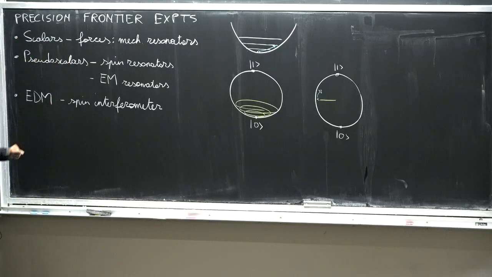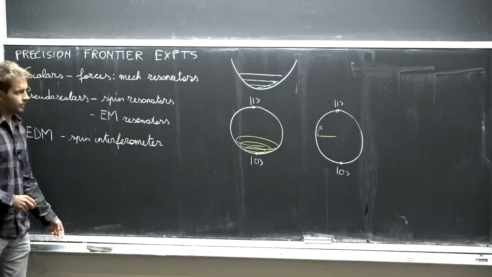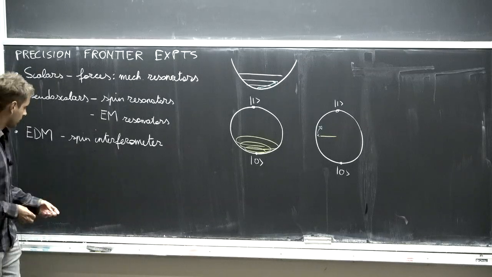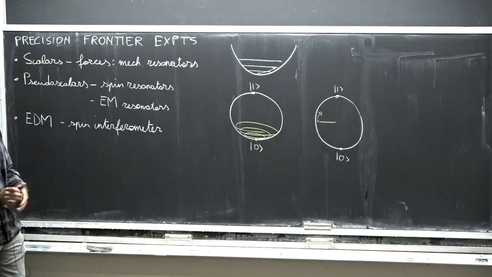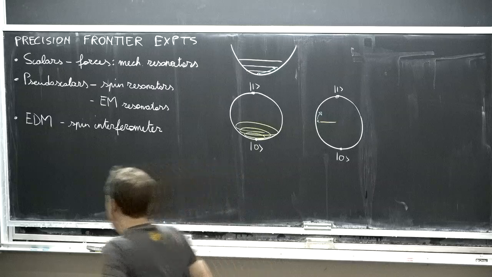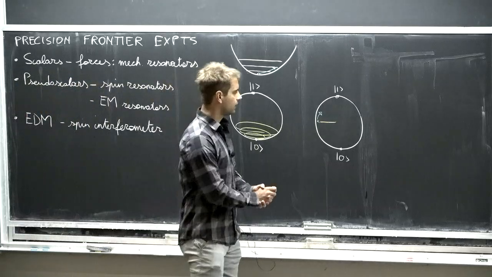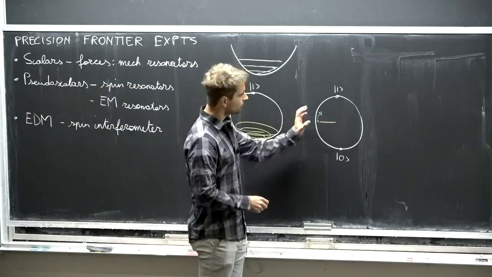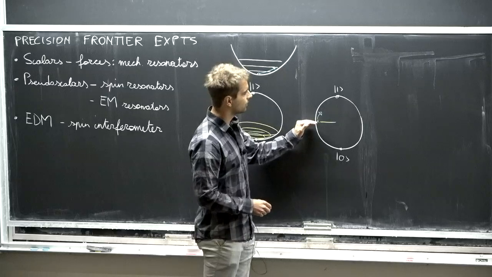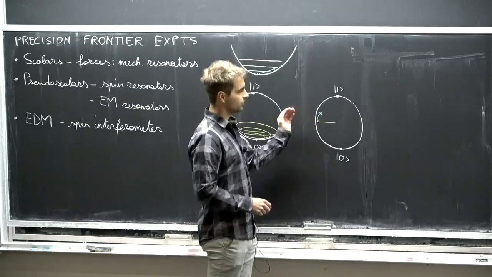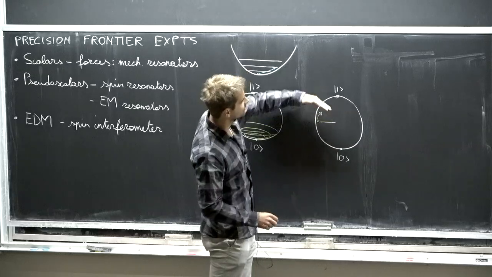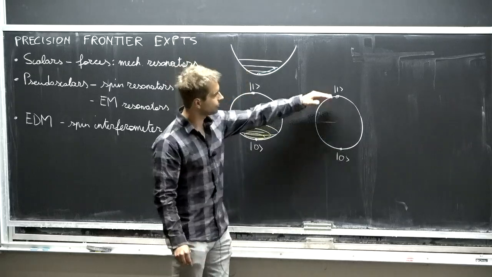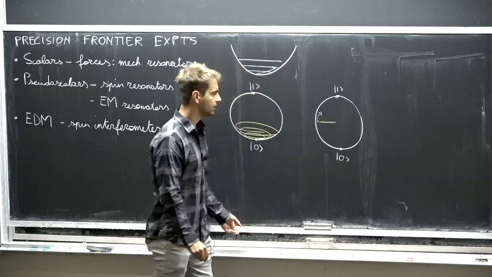But before I go through those particular experiments, I want to give you just a very brief review of what the fundamental noise sources are in these experiments. So we saw last time that if, for example, in this interferometer, you have some small phase shift, you can read this out by having a slightly higher probability of excitation of this excited state versus the ground state.